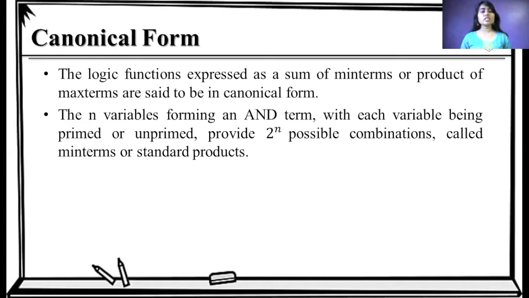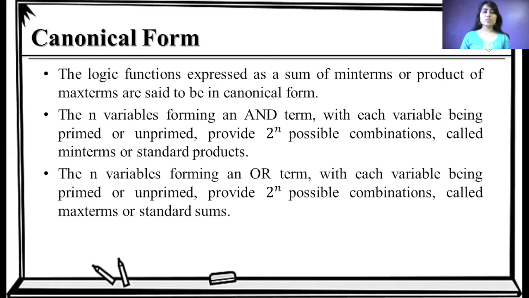These are known as primed terms, or unprimed, that means normal variables x, y, z. With each variable being primed or unprimed they provide 2 raised to n possible combinations called minterms or standard products.